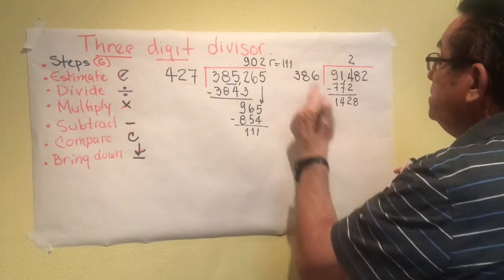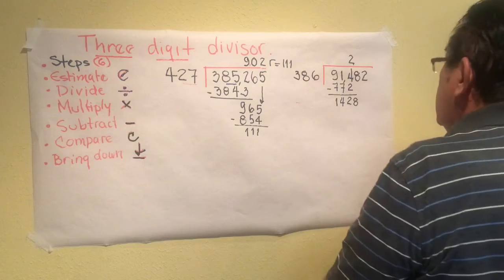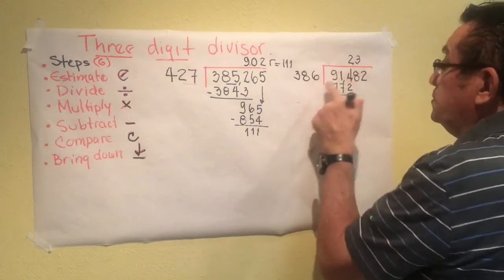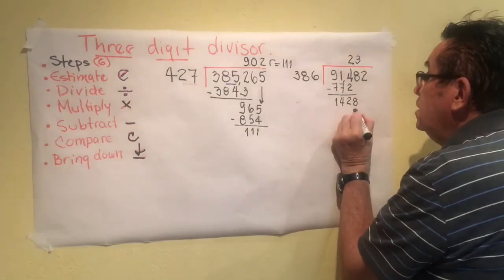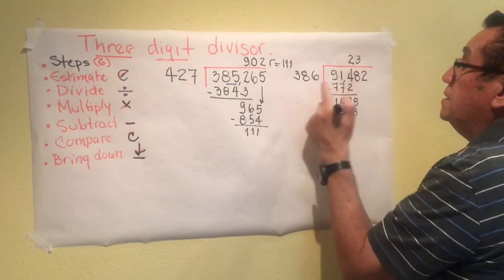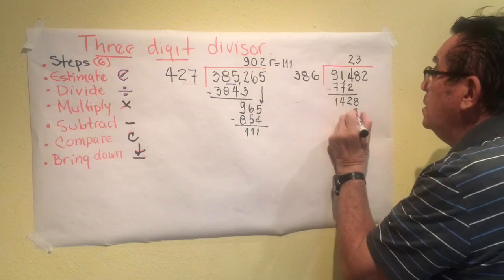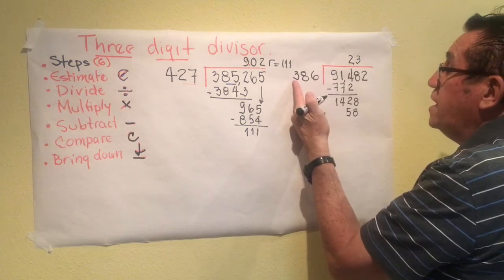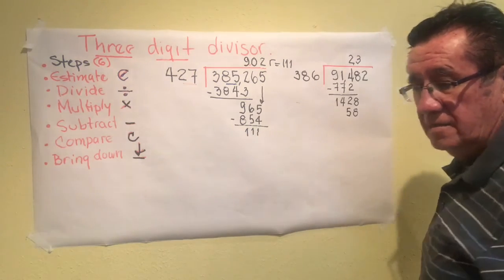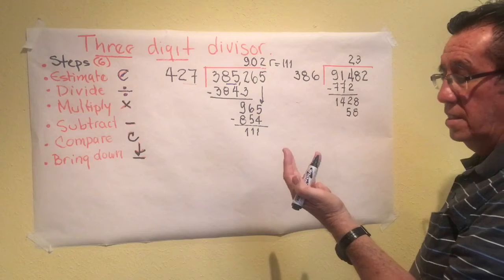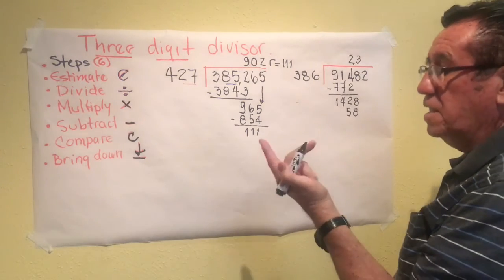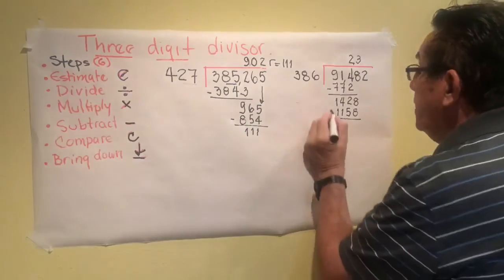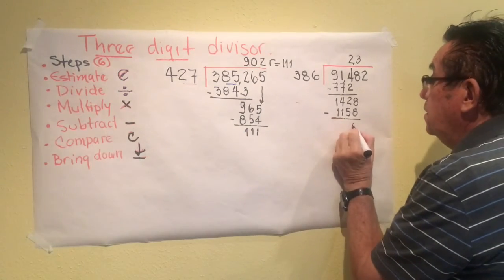How about 3? 3 times 3 is 9, so it may help that I can use 3 as an estimation. 3 times 6 is 18. I take 1. 3 times 8 is 24, plus 1 is 25. I take 2. 3 times 3 is 9, plus 2 is 11. I subtract and I got 0.